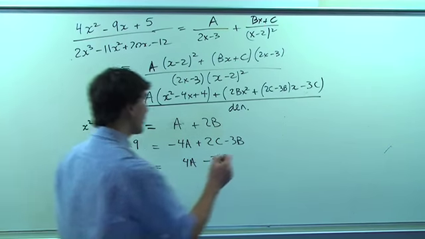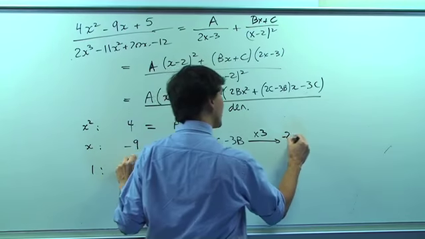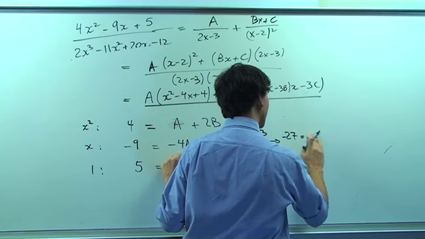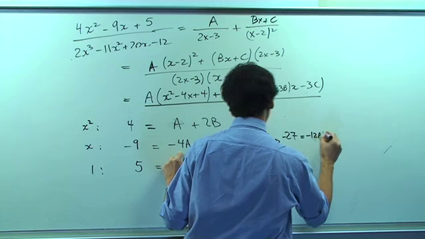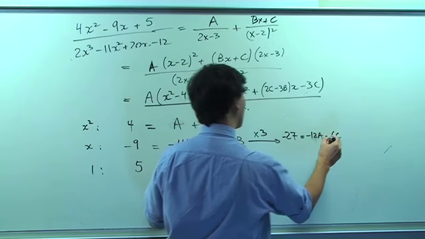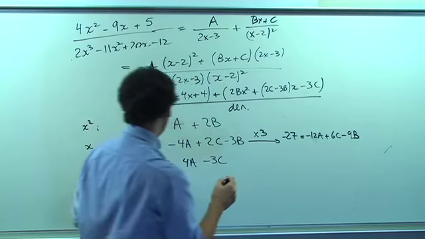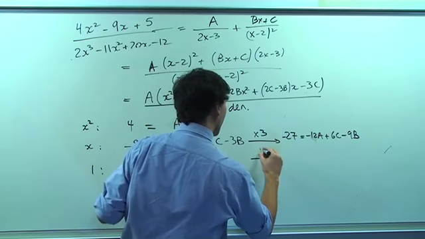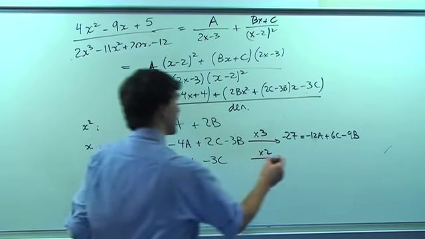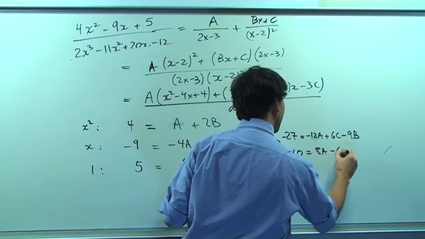So if I take that top equation times 3, that becomes minus 27 is minus 12a plus 6c, and then minus 9b. And if I multiply this one by 2, that will become 10 is 8a minus 6c.